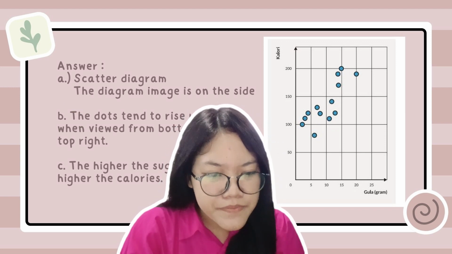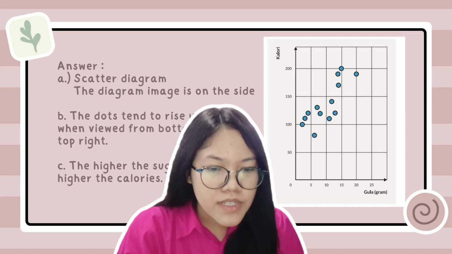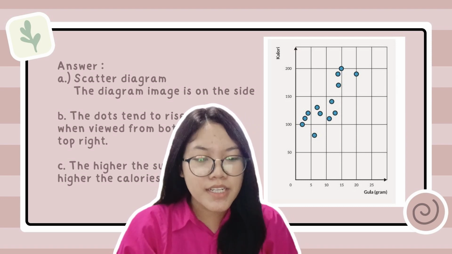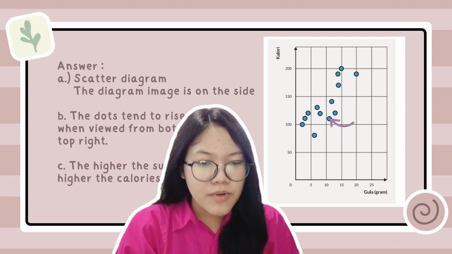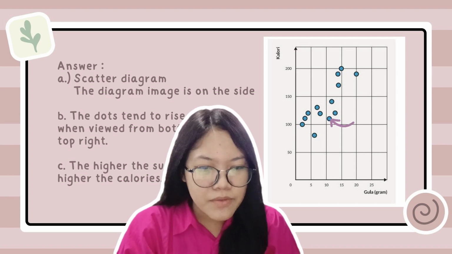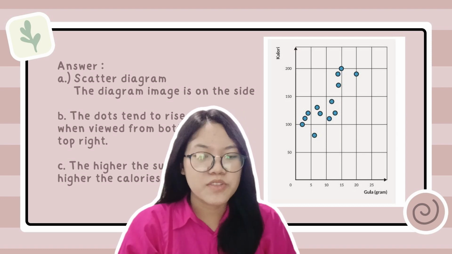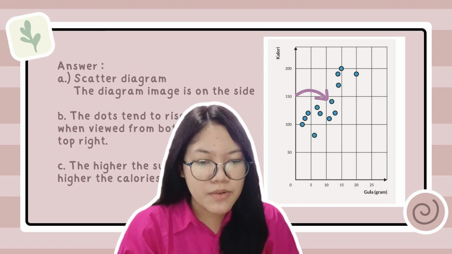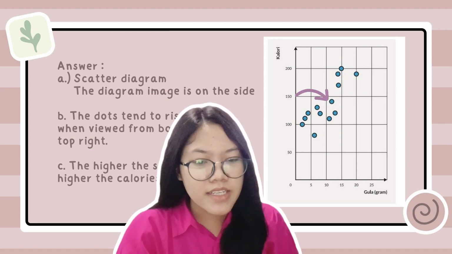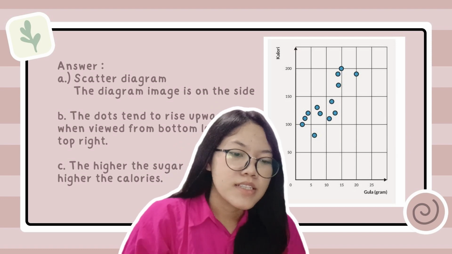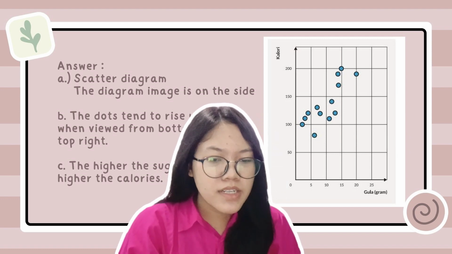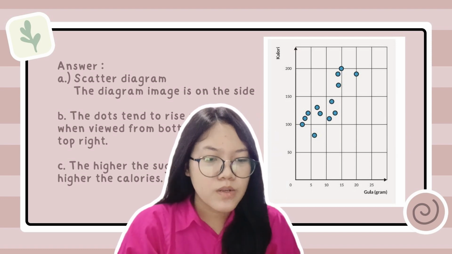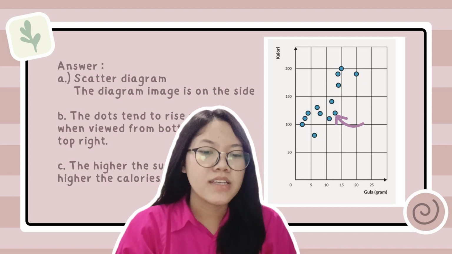For 11 grams of sugar, the calories are 110. For 12 grams of sugar, the calories are 140. For 13 grams of sugar, the calories are 120.